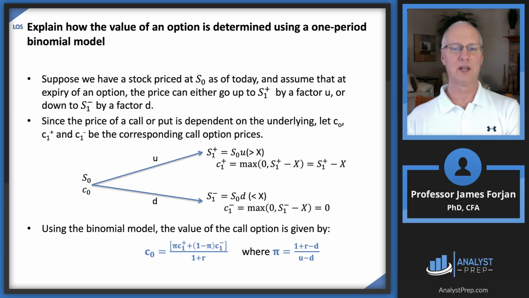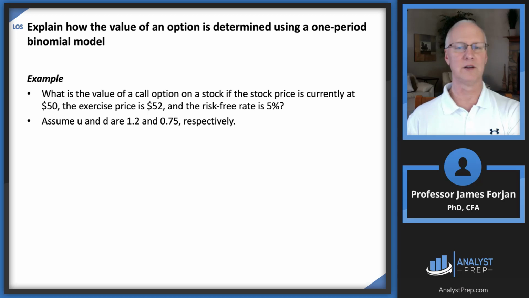And this gives us a sense of volatility, right? If the stock price can go from 100 to 101 or 100 to 99, then the up and the down are really close to 1, right? But a lot of times they're not. So with lower values, there's going to be low volatility. Higher values, there's going to be high volatility. So let's go ahead and look at a quick example here.